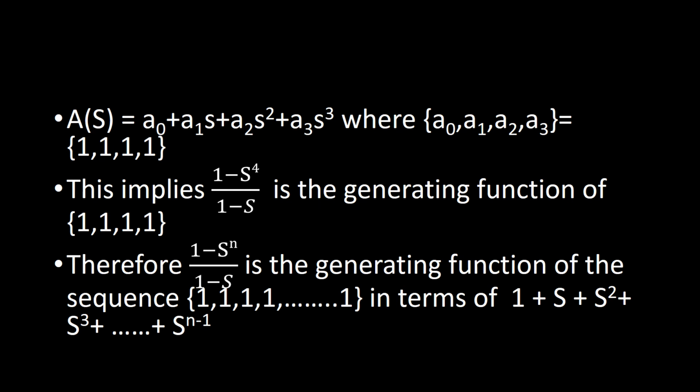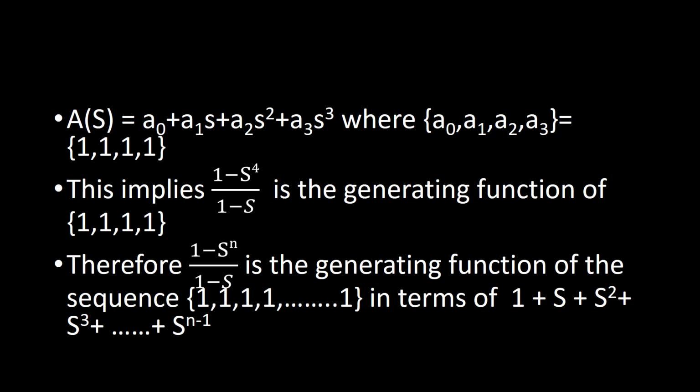Therefore, 1 minus s power n over 1 minus s is the generating function of the sequence 1, 1, 1 all the way, in terms of 1 plus s plus s squared plus s cubed plus all the way to s power n minus 1.